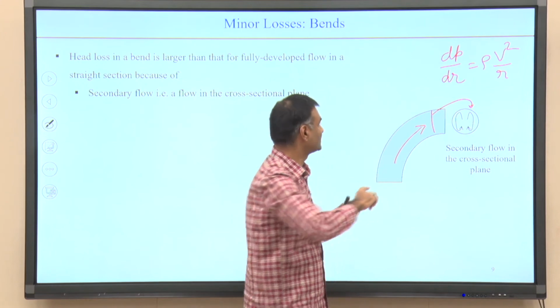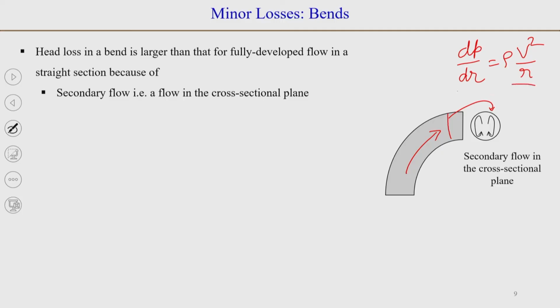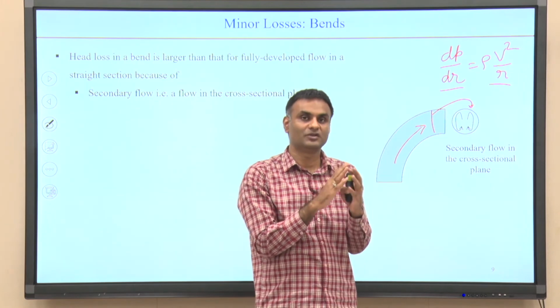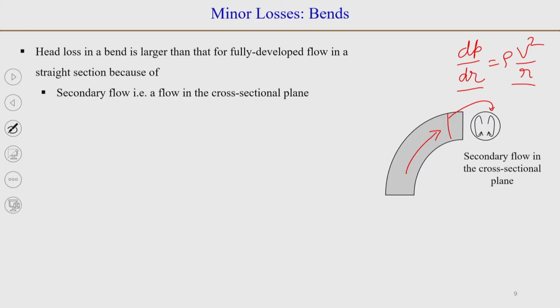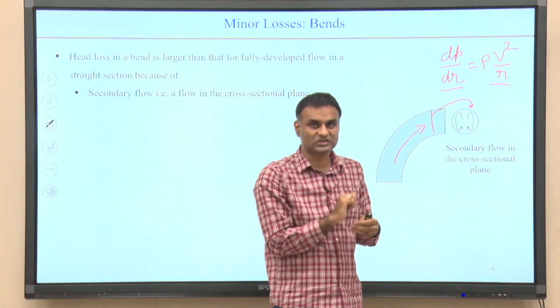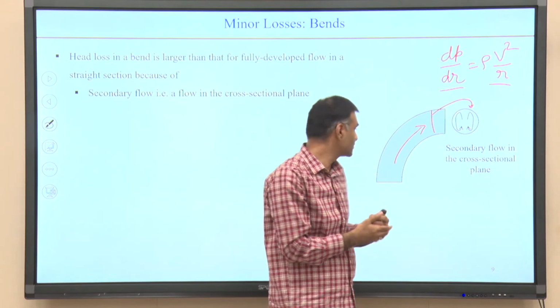So, the centrifugal force could balance the pressure gradient, but here when we talk about real flows, the viscous effect also comes into the picture. So, it is an interplay between the viscous forces, the centrifugal force and the pressure gradient, and that gives rise to these vortices here. So, that they cause pressure losses.